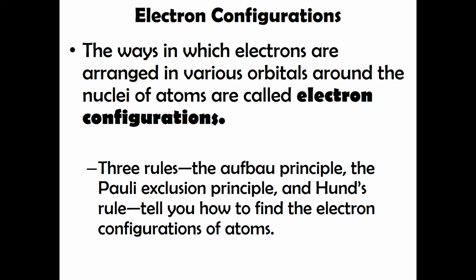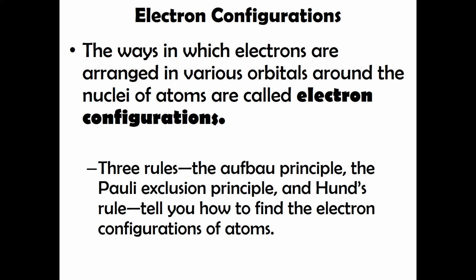The ways in which electrons are arranged in various orbitals around the nuclei of atoms are called electron configurations.